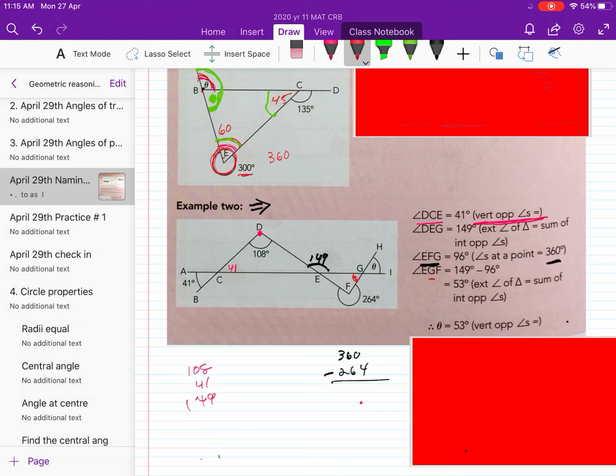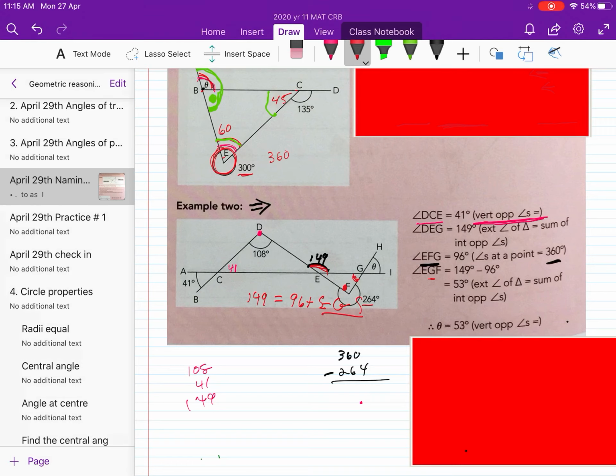Why is that? EFG is 96, right? Well, that's because we're using exterior angles again. 149 is equal to the 96 plus EGF, right? So if you subtract them, you get EGF, which is 53 degrees.